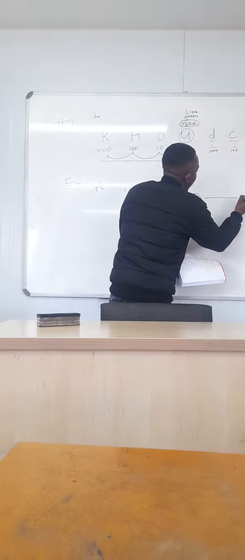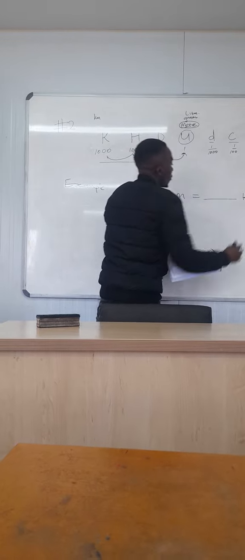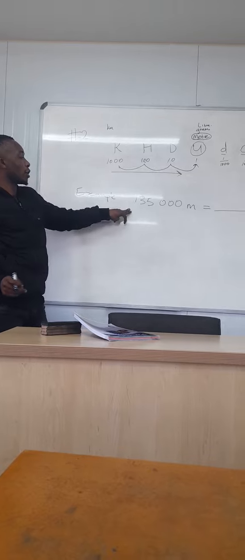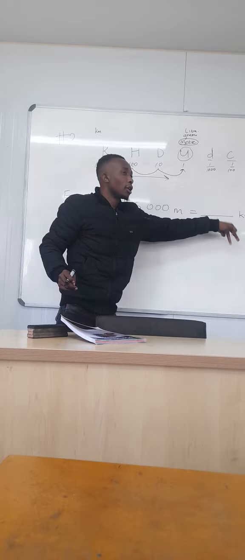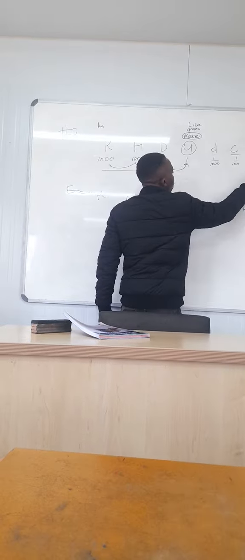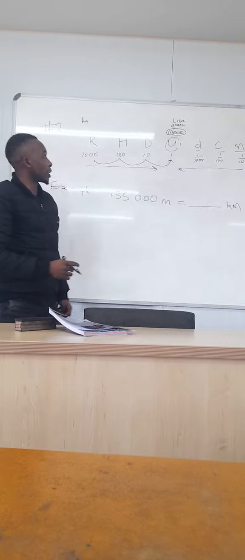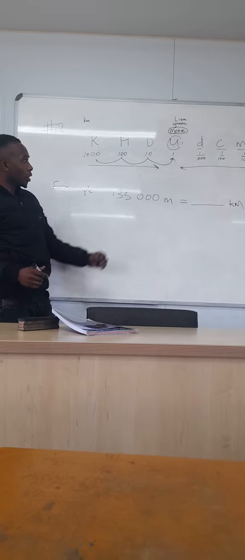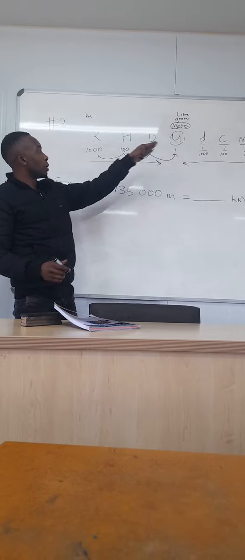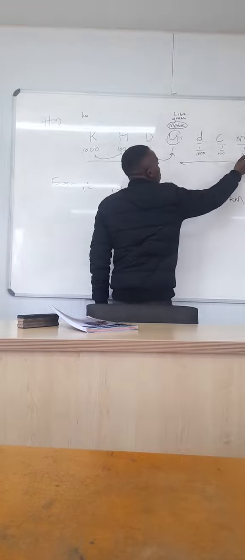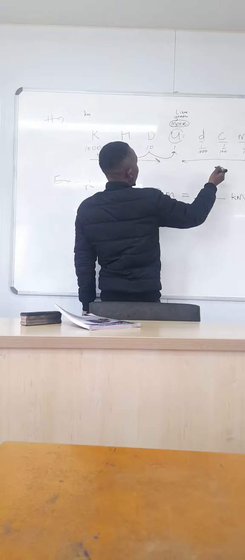Then I have to convert to kilometers. So this one is different, moving from a smaller unit to a bigger unit. We start from our base unit, which is meters. Now, moving from milli to the base unit, how many times should I move? We're going to start with the given meters.